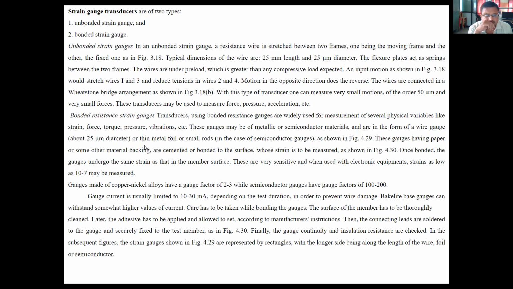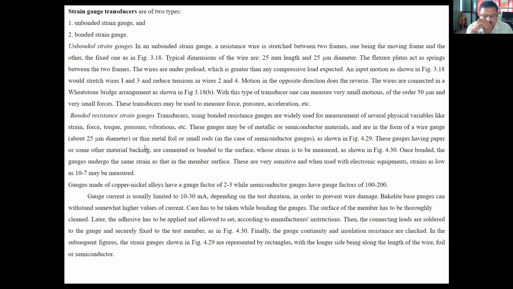These gauges may be of metallic or semiconductor type materials and are in the form of a wire gauge about 25 micrometer diameter, or thin metal foil, or steel rods in case of semiconductor gauges, as shown in figure 4.29.